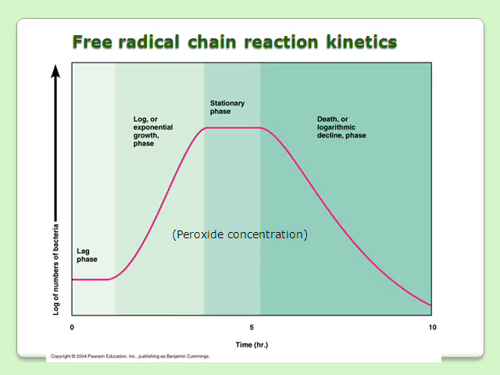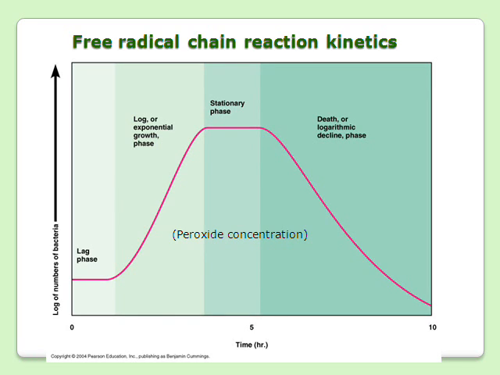Oxygen is taken up by the fuel. The peroxide concentration goes up. There is a point then, somewhere along the line, where there isn't any more material left to react with the peroxyl radicals, and that's more or less a stationary phase. And then the peroxides start to break down in the termination phase.